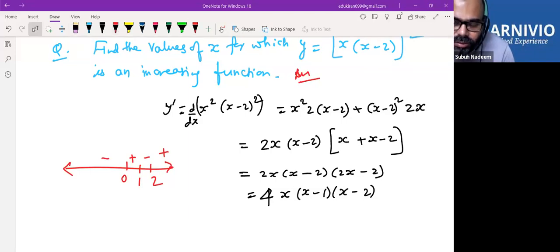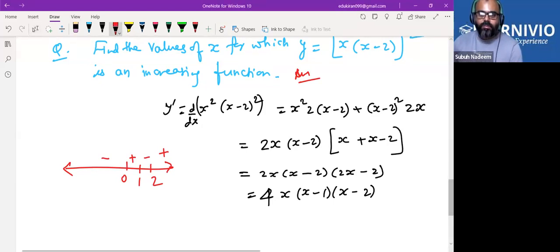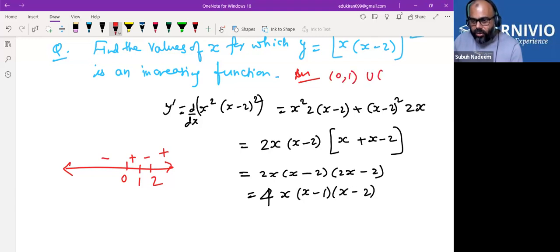Yeah, correct. So the answer would be 0 to 1 union 2 to infinity.